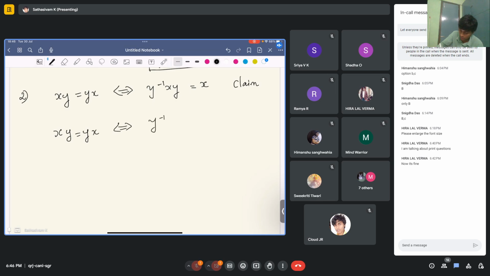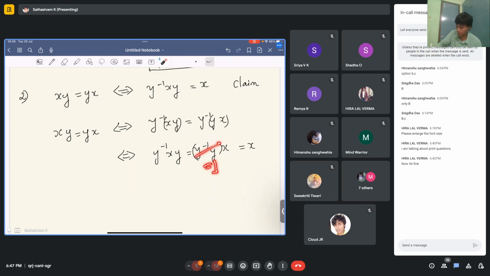So y inverse xy is equal to y inverse yx. Of course I can change the brackets here, but let's leave the first one as it is. y inverse xy is equal to y inverse y x. But this is just x, because this term cancels out. y inverse y is equal to 1. So this is just x.